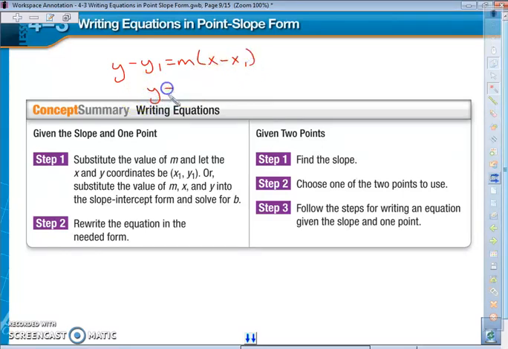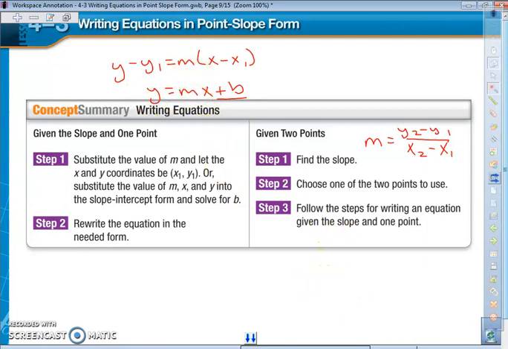Or you could just use y equals mx plus b and solve for b. Now, when you're given 2 points, you have to find the slope first. So your m equals y2 minus y1 over x2 minus x1. Okay, and then from that, you'll have your slope. You can put it into either one of these and solve it out.